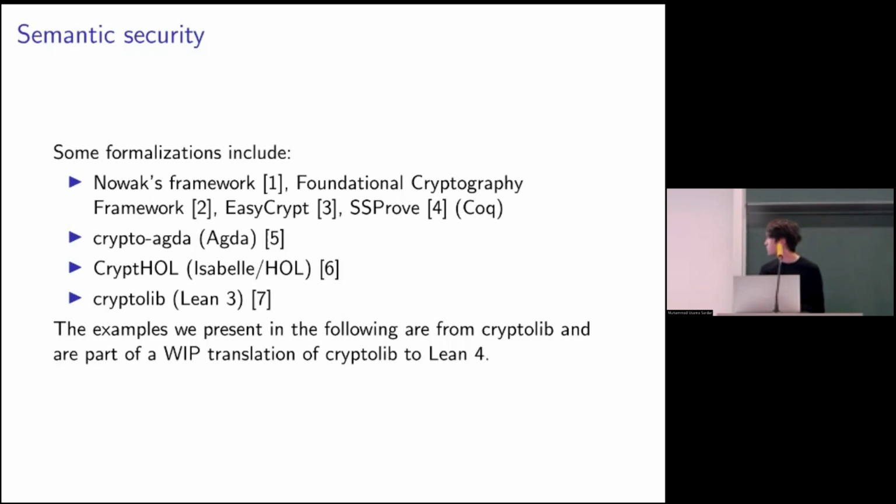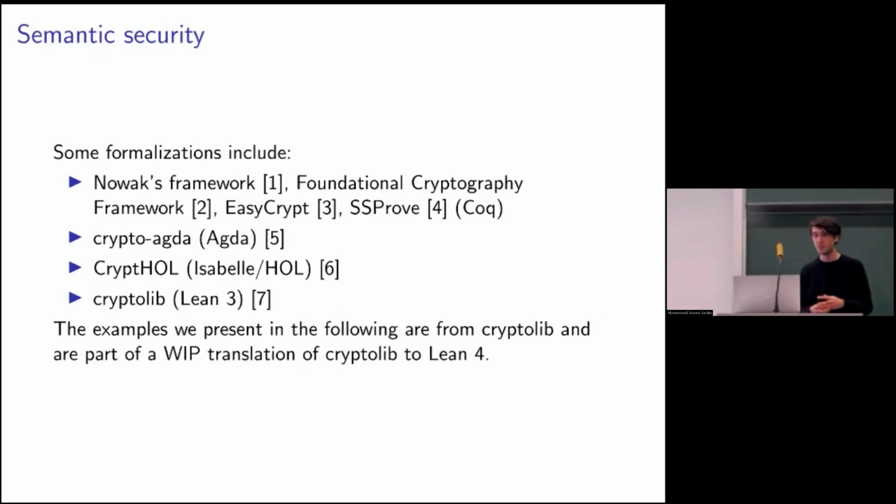So now we'll go through an example, and that will be it. We'll focus on proving the semantic security of the ElGamal protocol as a toy example. We won't go into much detail, just to mention some different implementations and frameworks related to this.